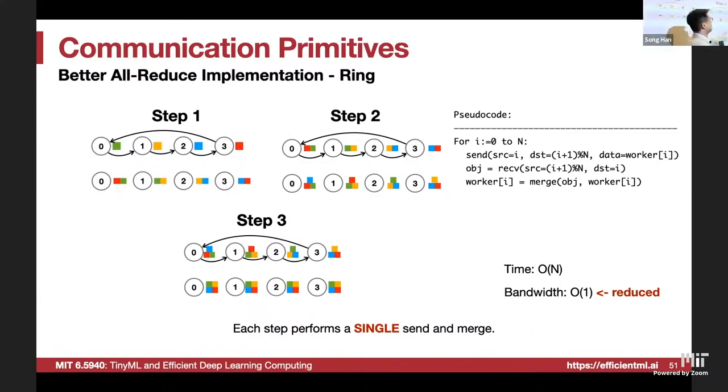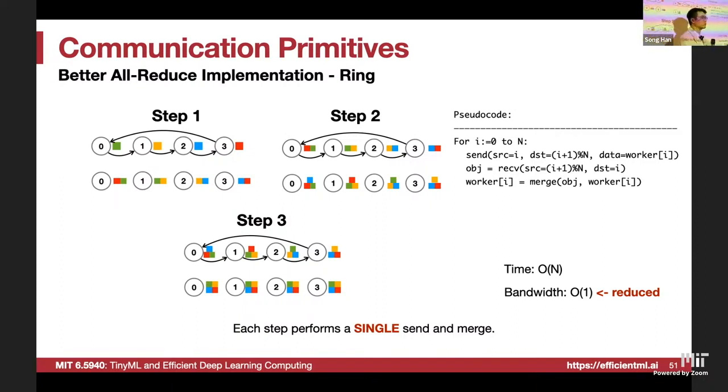So here, from iteration 0 to n, I send from i to i plus 1, modulo n, and everyone receives from i plus 1 modulo n. And the worker will merge the information that it newly receives. So again, you need to repeat for a number of steps proportional to the number of nodes.